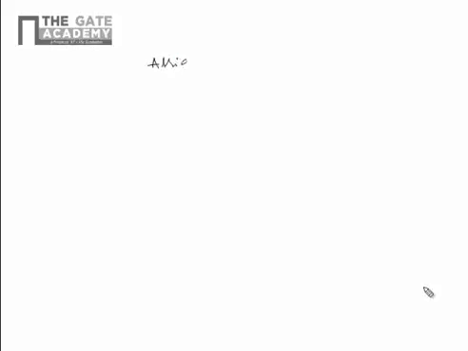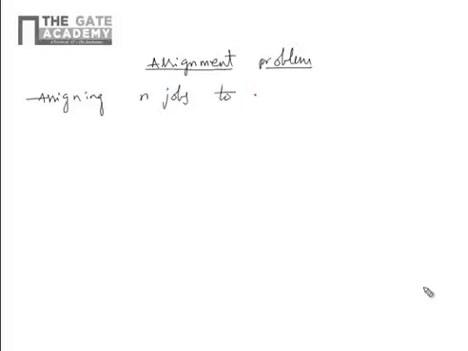Assignment problem. Assignment problem is the problem of assigning n jobs to n machines.